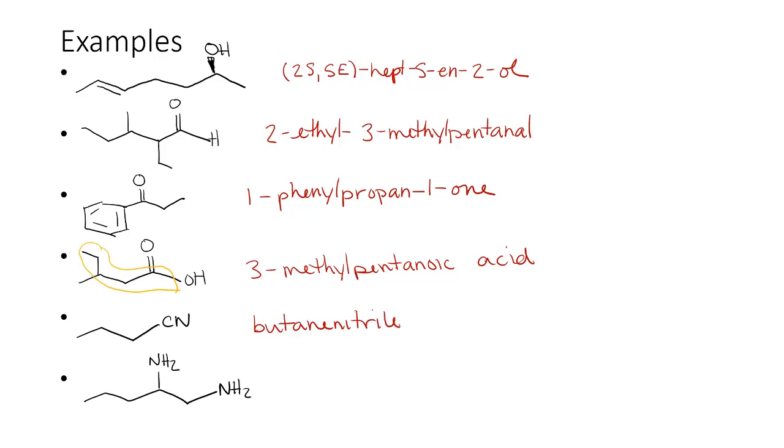So please make sure that you recognize the e is still there for butane nitrile. In our nitriles, we count the C that is part of the nitrile functionality as part of the longest carbon chain. For our last example, this is pentane 1,2-diamine.